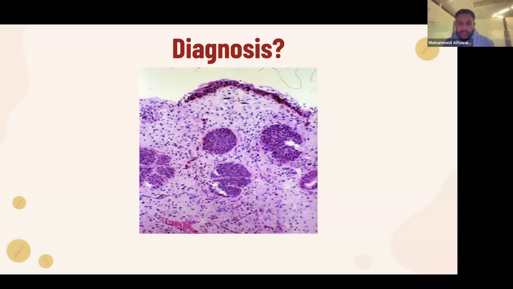Chronic cystitis with what feature? Cyst. No, not cyst. What are these? The invagination of the epithelium into the lamina propria. Von Brunn nests. Good. So this is cystitis cystica, or in other words, chronic cystitis.